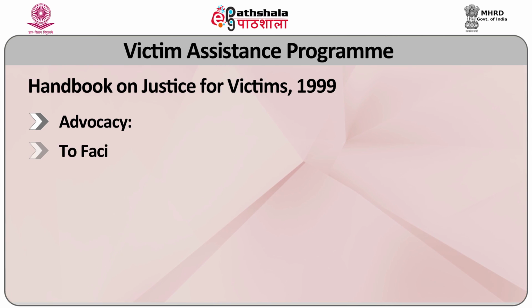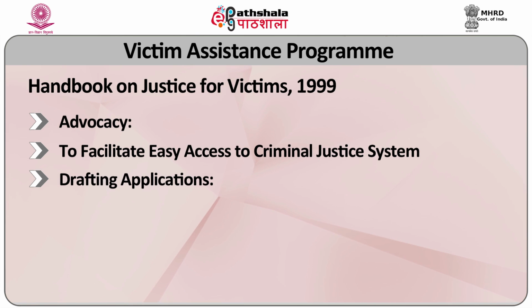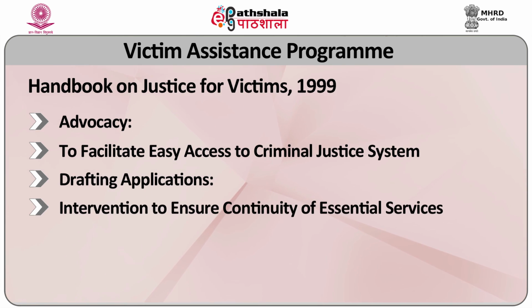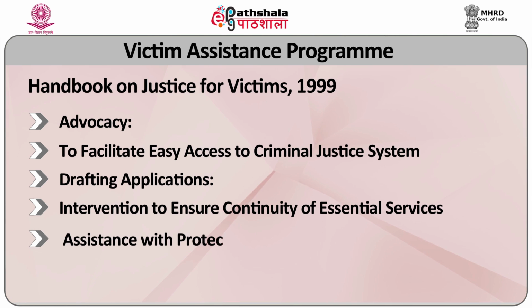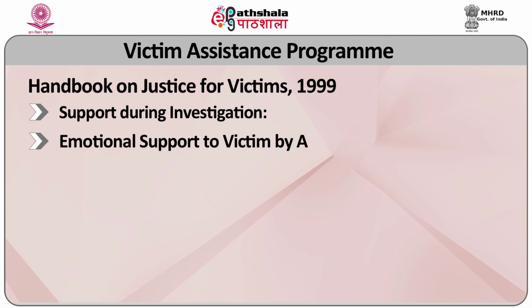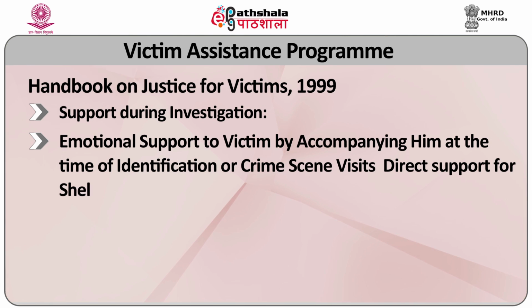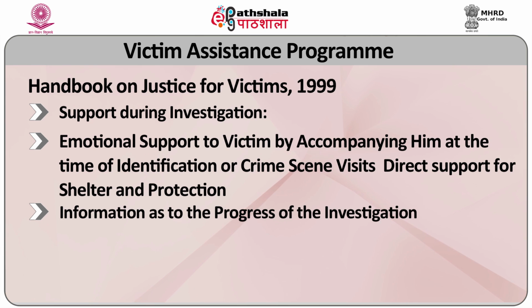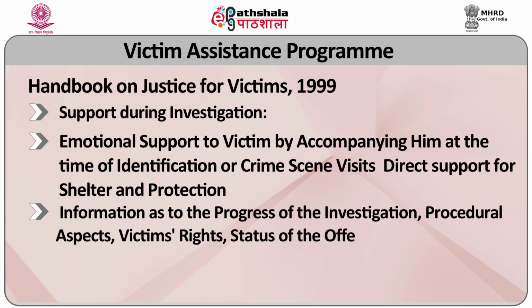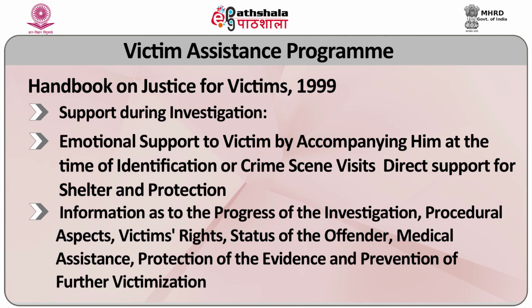For advocacy: to facilitate easy access to criminal justice system, drafting applications, intervention to ensure continuity of essential services, assistance with protection orders, support during investigation, emotional support to victim by accompanying him at the time of identification or crime scene visits, direct support for shelter and protection, information as to the progress of the investigation, procedural aspects, victim's rights, status of the offender, medical assistance, protection of the evidence, and prevention of further victimization.